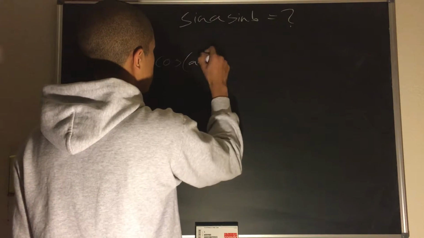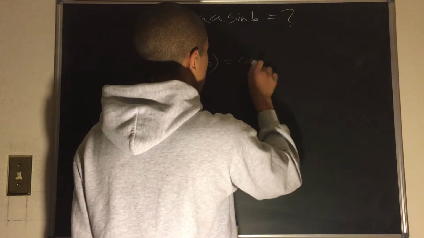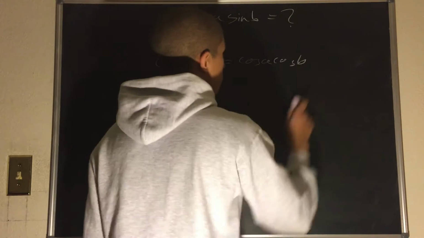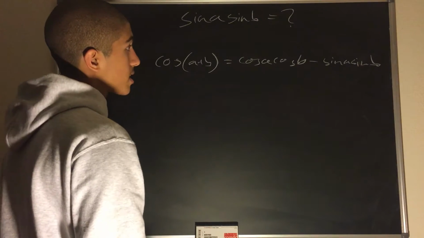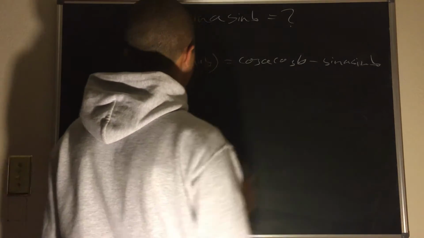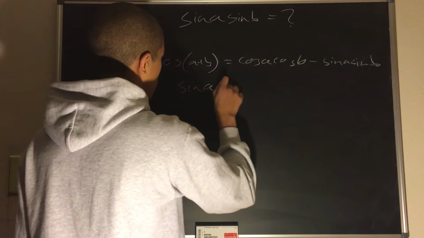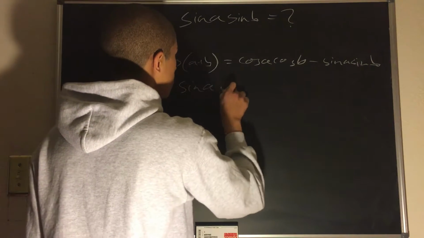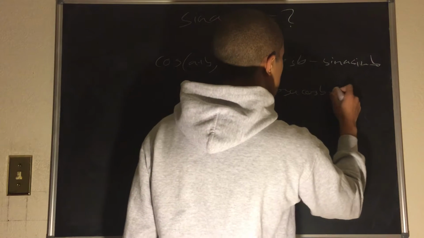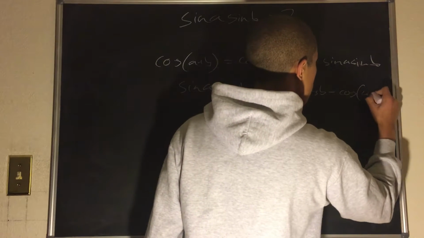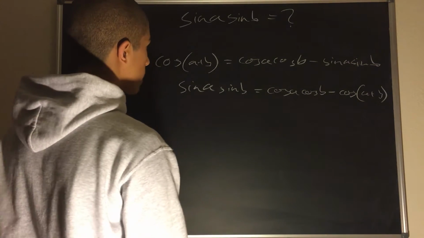So cosine of A plus B is equal to cos A cos B minus sin A sin B. So we can isolate the sin A sin B, bring it over here, bring cos of A plus B over there, and we have sin A sin B is equal to cos A cos B minus the cosine of A plus B.